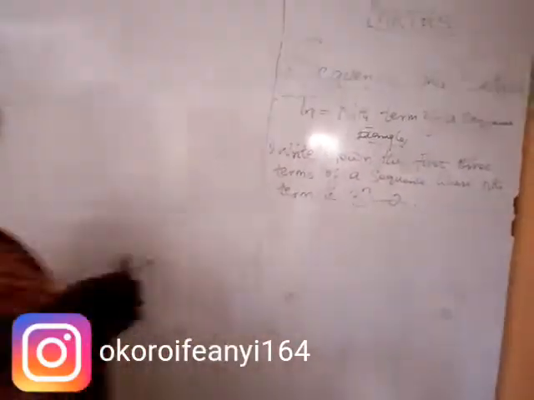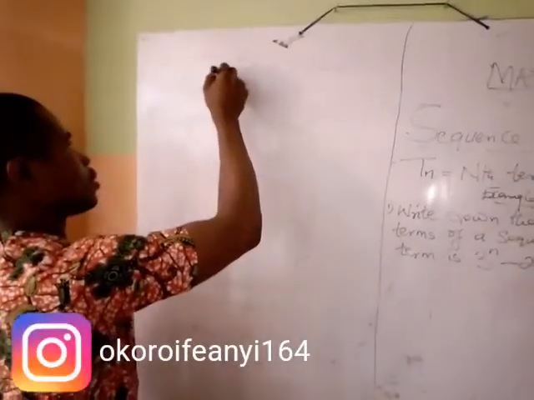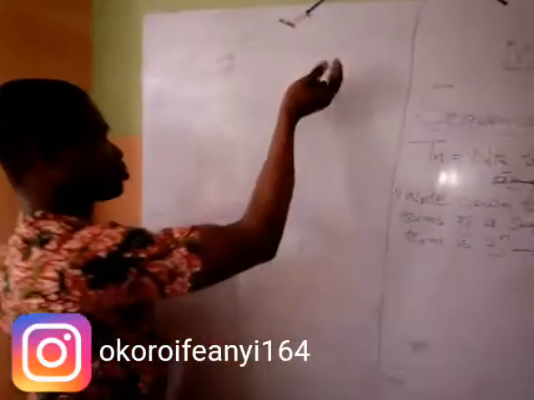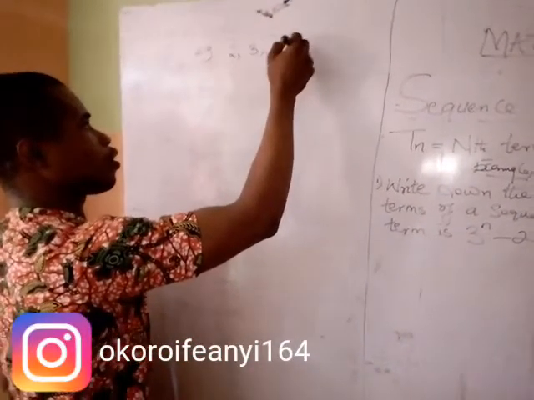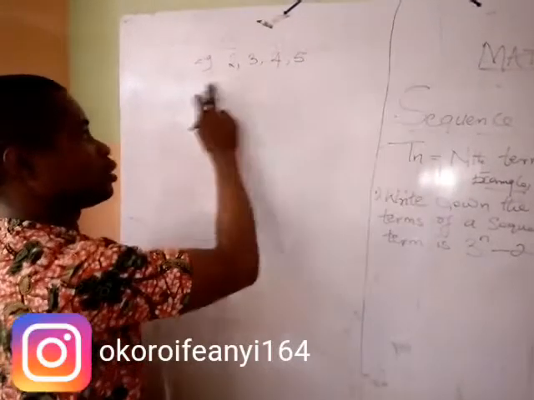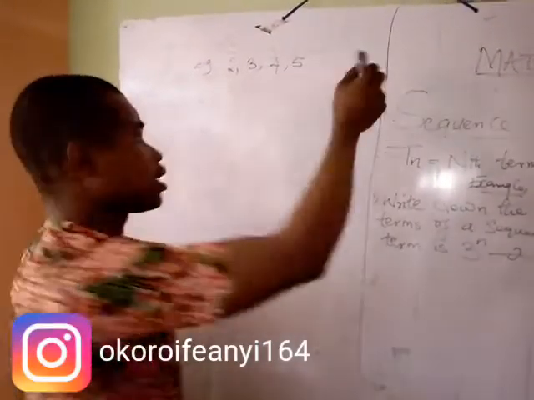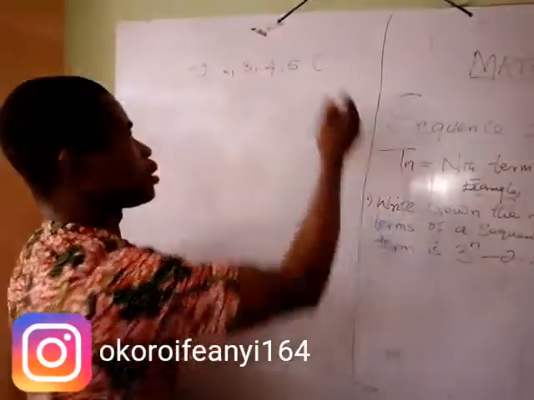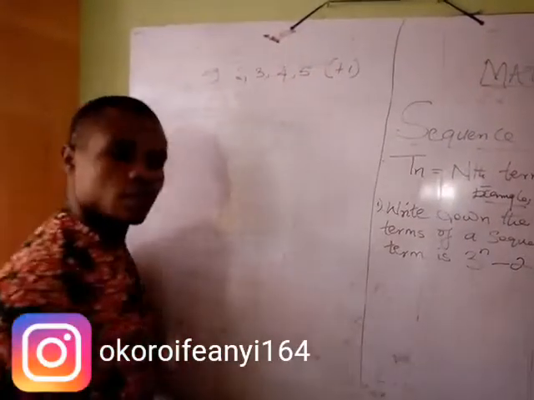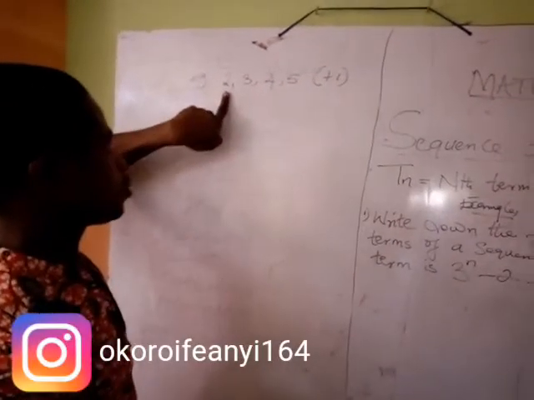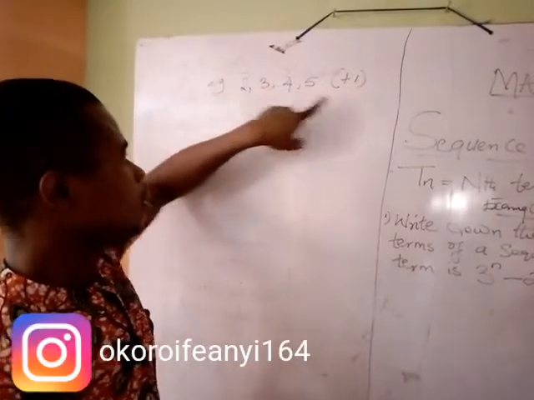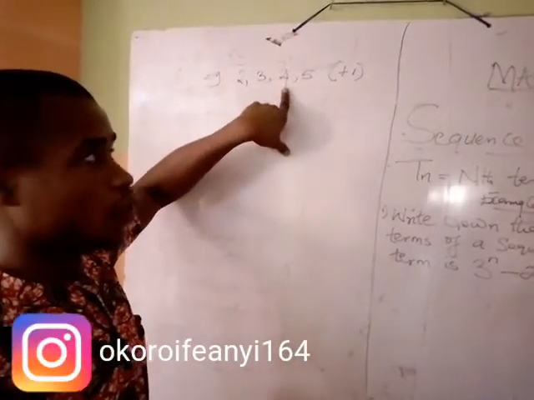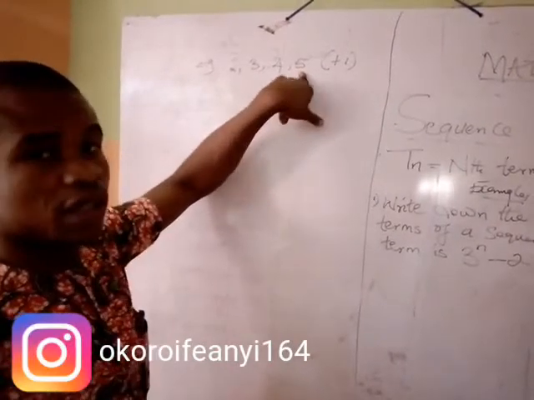Just like for example, if I have 2, 3, 4, 5. This is a sequence which is related with plus 1. The first term is 2. Plus 1 will give you the second term as 3. Plus 1 will give you the third term as 4. Plus 1 will give you the next term as 5.